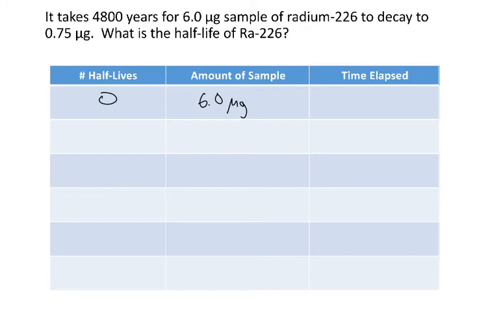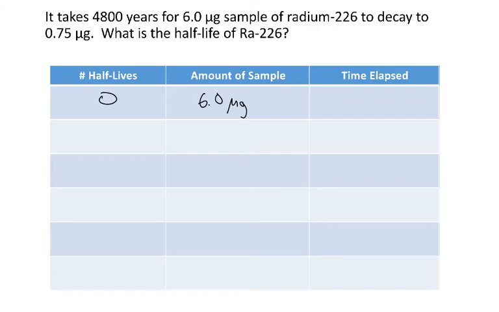In this case, I don't know the half-life, so I'm not going to be able to fill out this time elapsed column. But all I want to do is keep going down by half until 6.0 gets down to 0.75. That'll tell me how many half-lives that takes, and those number of half-lives added up to 4,800 years. So once I figure out how many half-lives it takes to get down to 0.75, I'll take that number of half-lives, divide it into 4,800, and the result will tell me how long a half-life of radium-226 is.